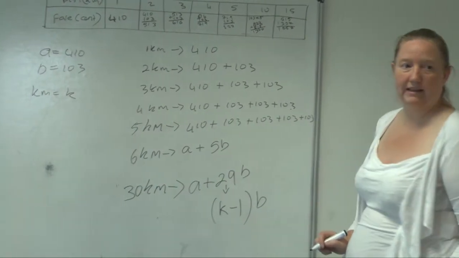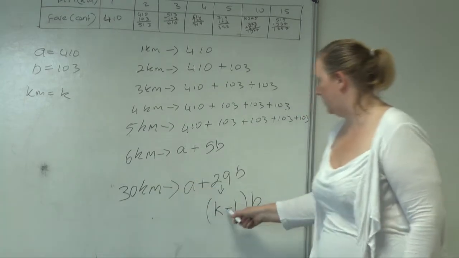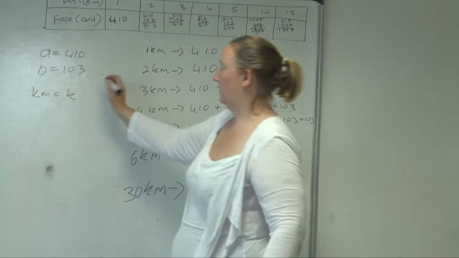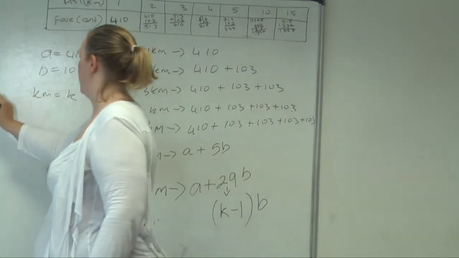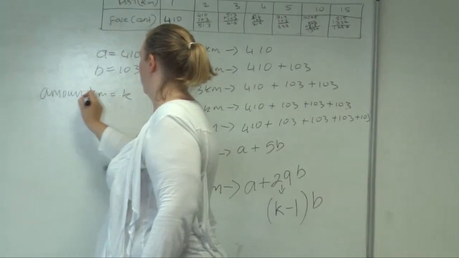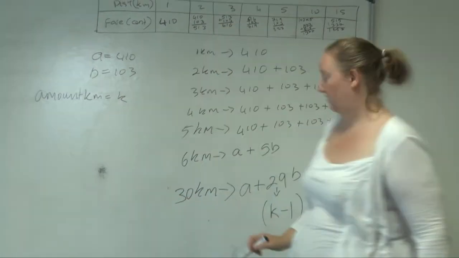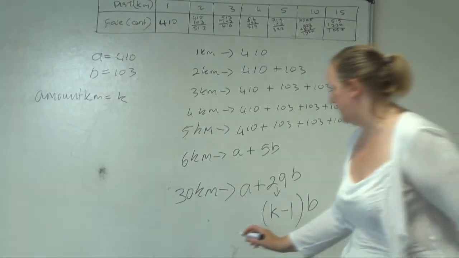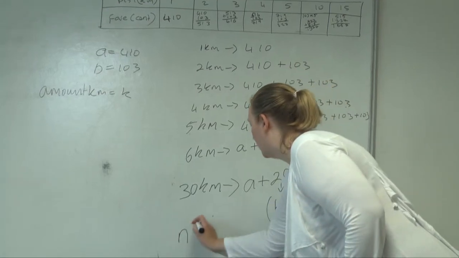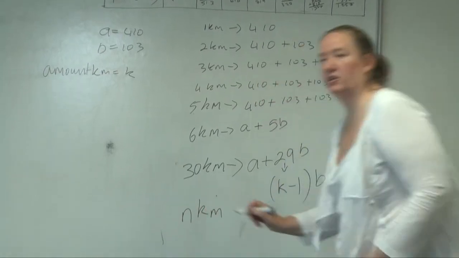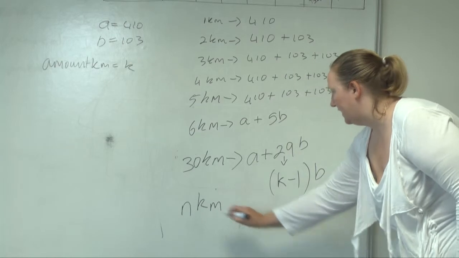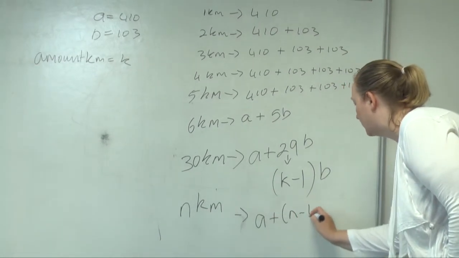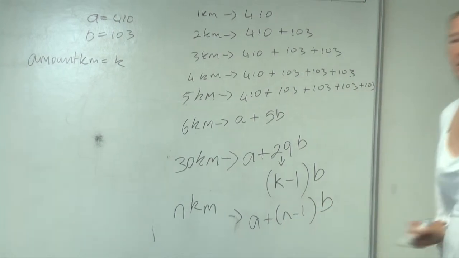Okay, so everyone see where I'm getting that from? Because it's the kilometre minus 1, where k is the amount of kilometres. So if I was to say, what is the nth kilometre? Any kilometre. Well, you can simply say the nth kilometre is a plus n minus 1 times b.